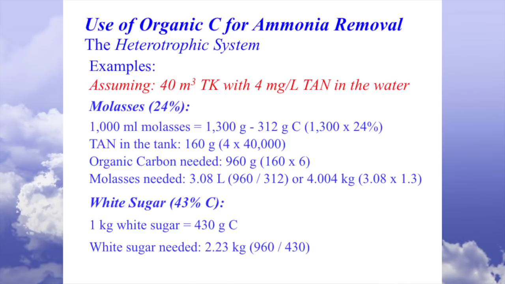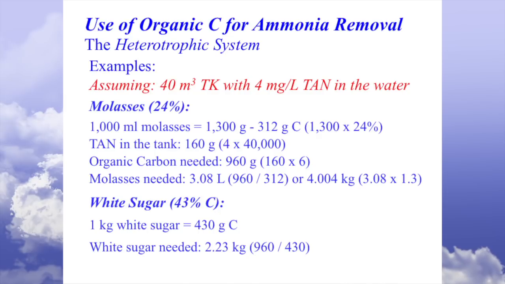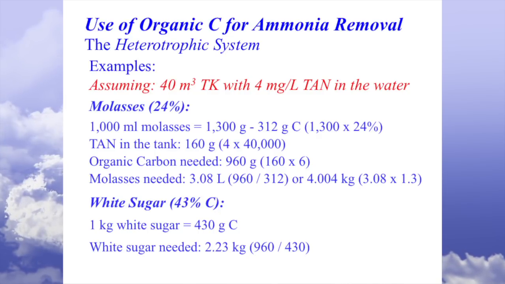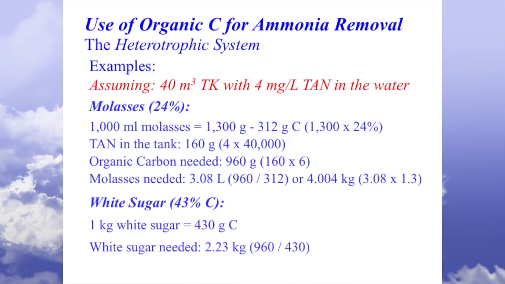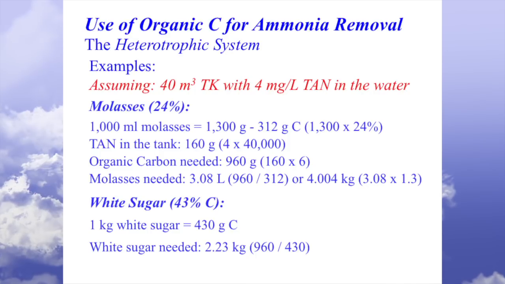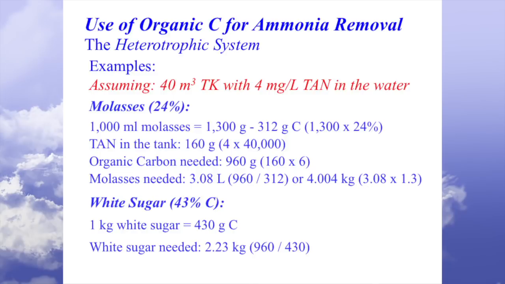If you have 4 milligram per liter, and you are using molasses at 4% carbon, you calculate and you get to basically 3.08 liters of molasses, or 3.8 multiplied by 3, and you get 4 kilo of the molasses. You can also calculate it in white sugar.